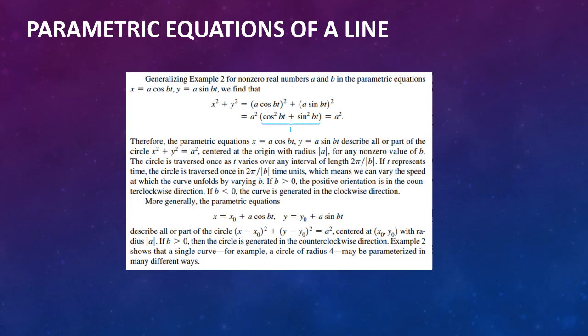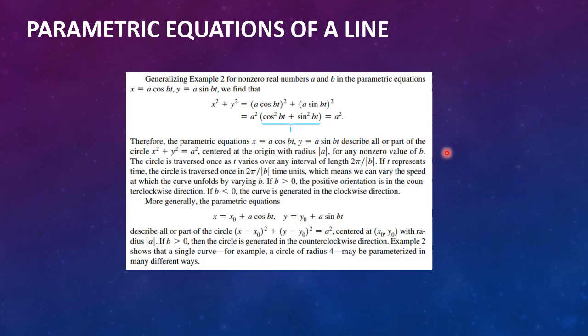Therefore, the parametric equations x equals a cosine bt and y equals a sine bt describe all or part of the circle x squared plus y squared equals a squared centered at the origin with radius a.